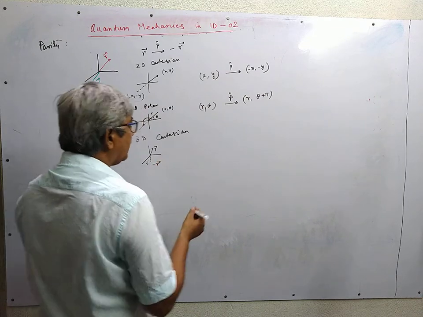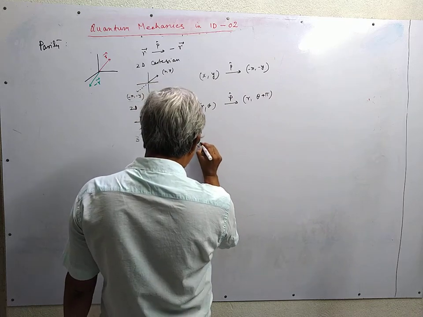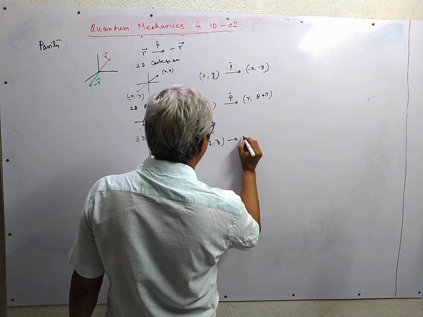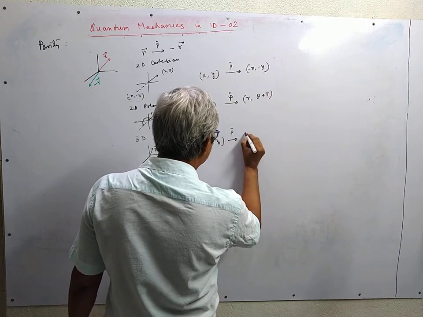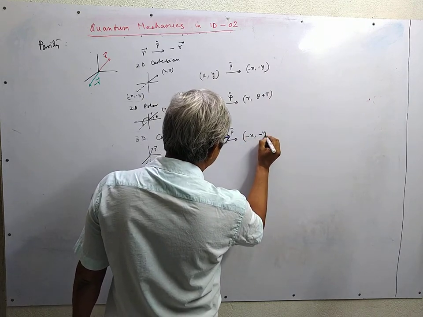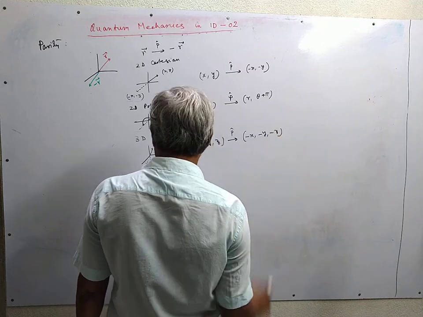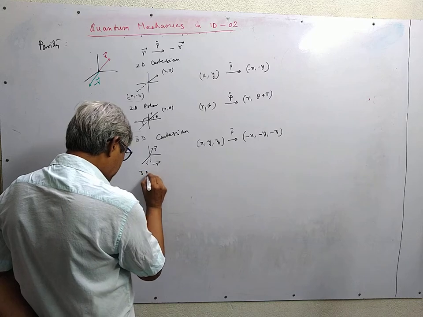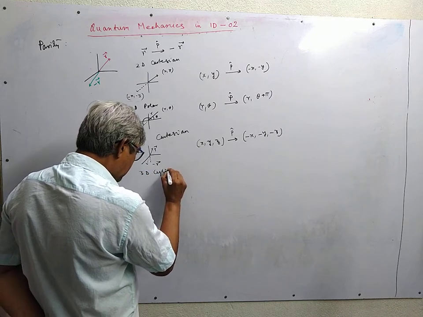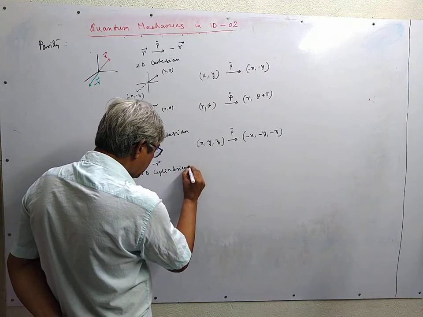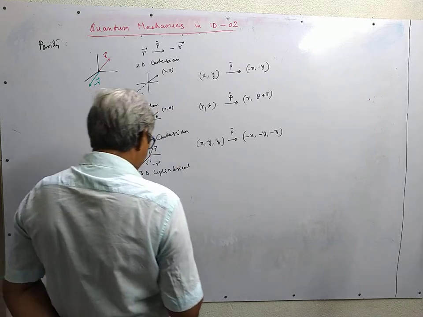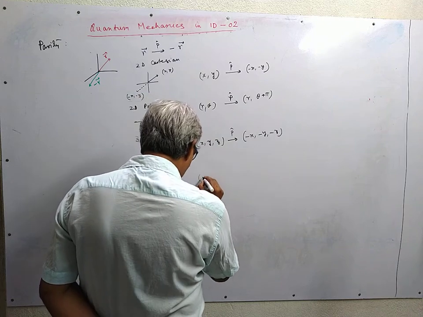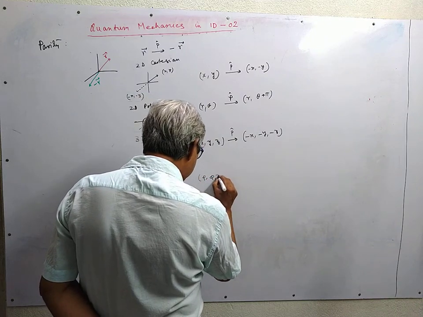Obviously, here x, y, z will be transformed under parity operation to minus x, minus y, minus z. Cylindrical: here the coordinates are rho, phi, z.